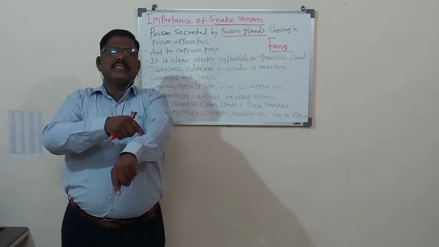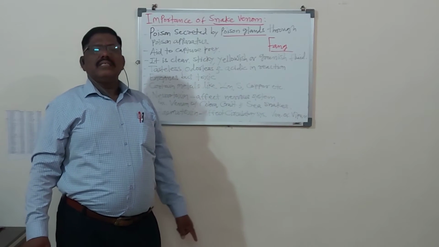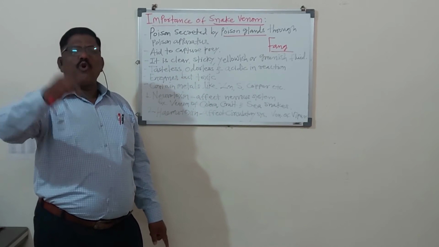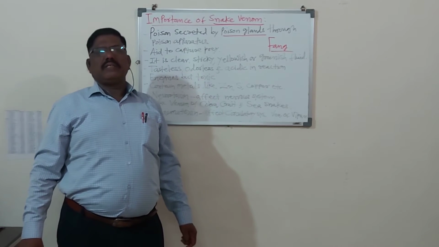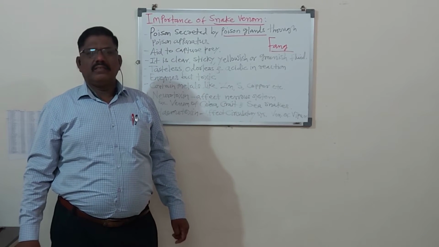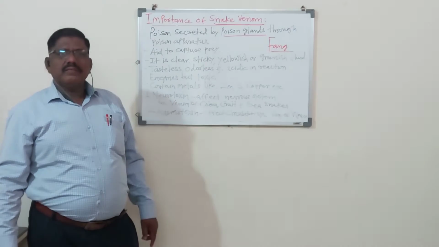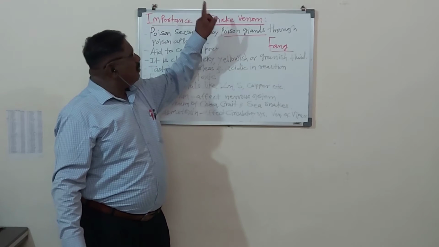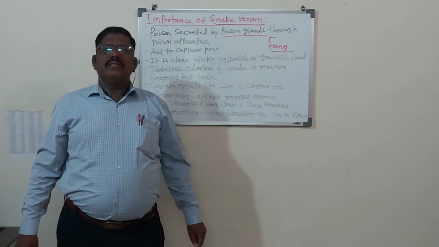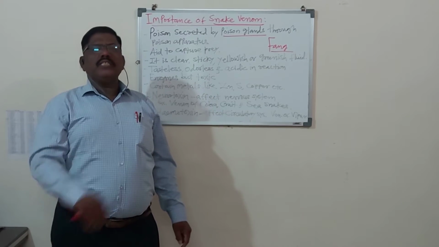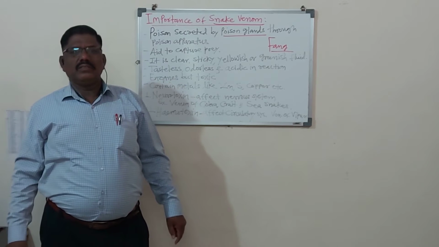And through the fangs, from the poisonous glands, the poison is injected or poured into the affected person or the prey. So these poison glands, poison and fangs are given by God to the poisonous snakes. It is not for biting human beings.